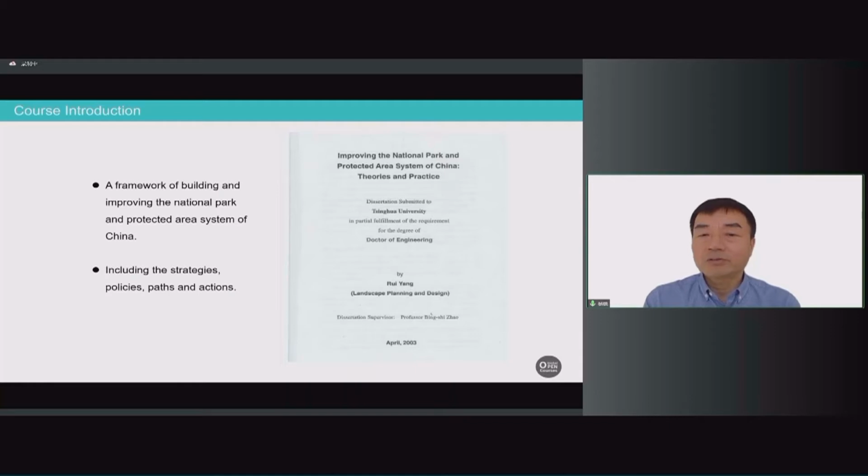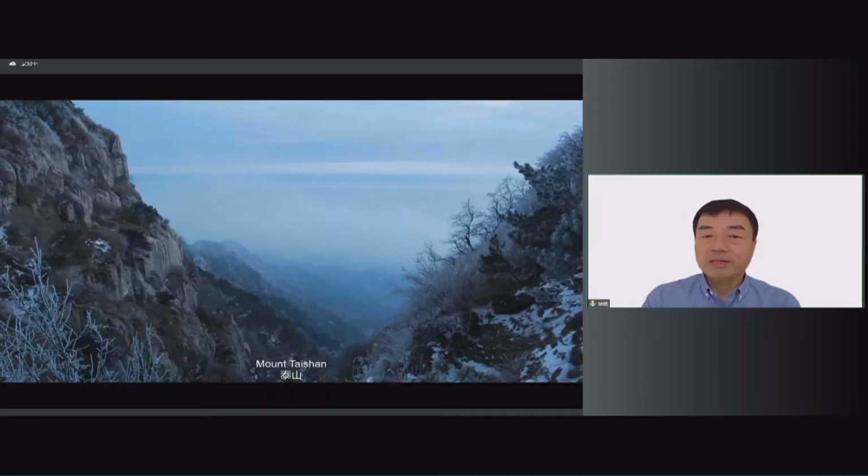And also I made some actions, strategies, how to fulfill these objectives. In the last 30 years, I also, with my colleagues and students, we are the team of National Park and Protected Area of Tsinghua University.